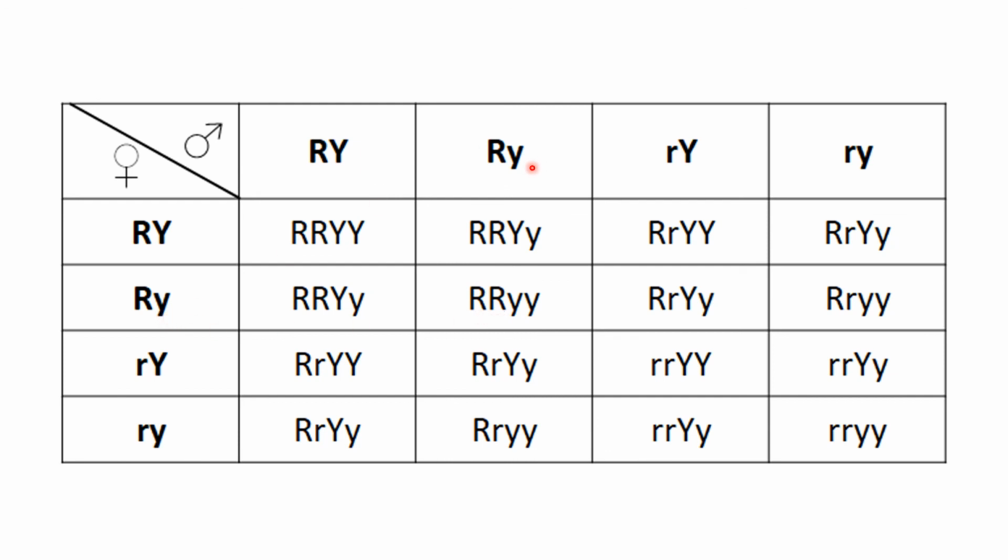Recessive Y at saka recessive Y, i-cross mo, yung kalalabasan, dalawang recessive Y. Then, yung dominant R at recessive R, i-cross mo doon sa dominant R, ito yung kalalabasan. Same with the Y. So, yun yung pattern ng pag-cross.